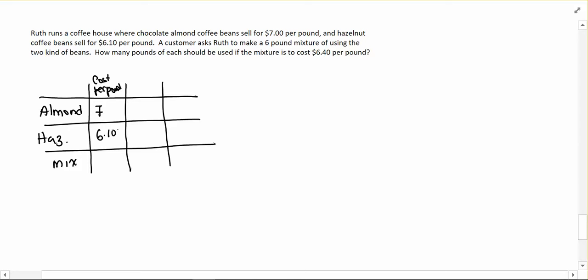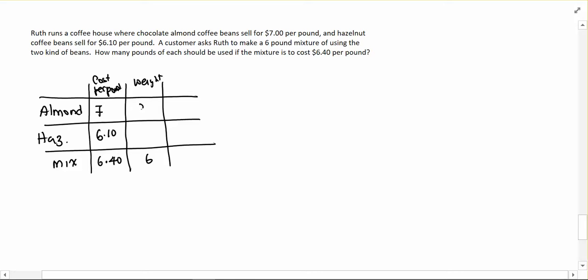A customer asks Ruth to make 6 pounds of the mixture. So 6. So this is the total weight. So we want a 6-pound mixture using the 2 kinds of coffee. How many pounds of each should we mix? Okay, if the cost is to be $6.40 per pound, so the mix cost is supposed to be $6.40.